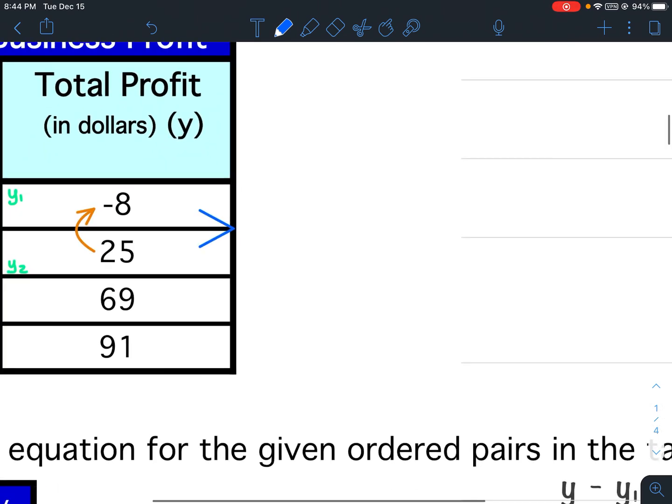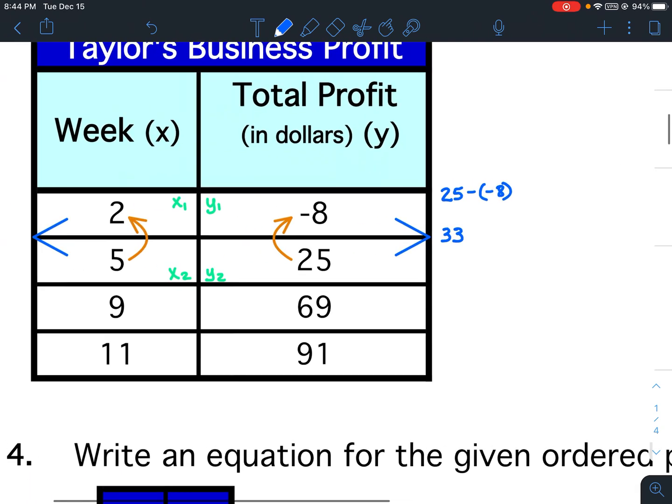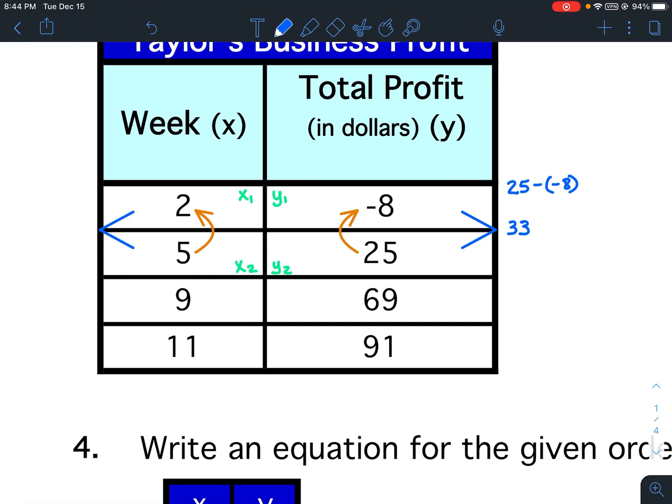All right, so I'm going to take 25 minus negative 8, which is actually 25 plus 8. So that would be 33. And then on this side, it's 5 minus 2, which is 3.